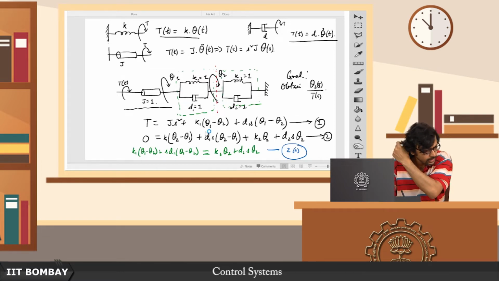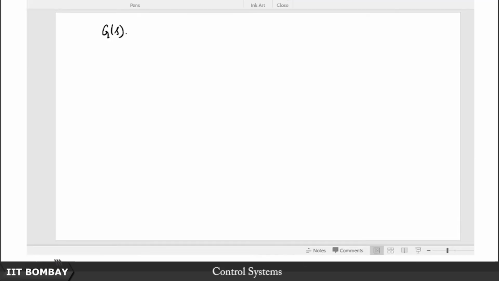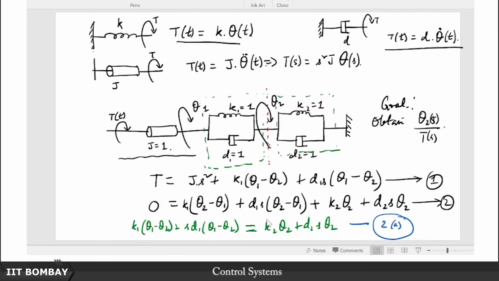So if I normalize this, what I am eventually going to get is, you can take this as an exercise to complete this, G(s) is equal to theta 2(s) upon T(s). I worked it out, so I know the answer. It's going to be 1 upon 2s squared plus s plus 1. So what you have to do is, again, you can apply Cramer's rule, or you can simply substitute, because this part of the equation has 0 on the right hand side.